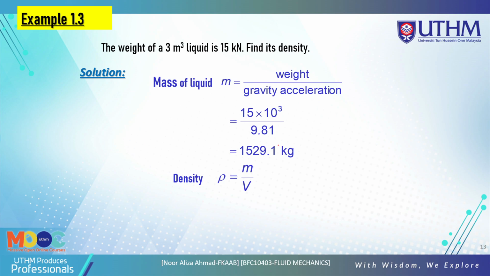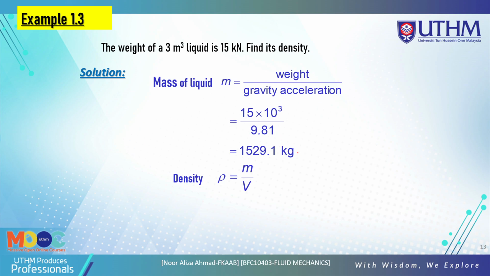Okay, so now we look at example 1.3 here. Find the density using the weight. The weight of the liquid is 15 kilonewton, and the volume is 3 meter cube. So we know that the mass of liquid, m, is equal to weight divided by gravity acceleration. So you just put all the values here. The weight is 15 kilonewton, that is 15 times 10 power of 3, divided by the gravity acceleration 9.81.